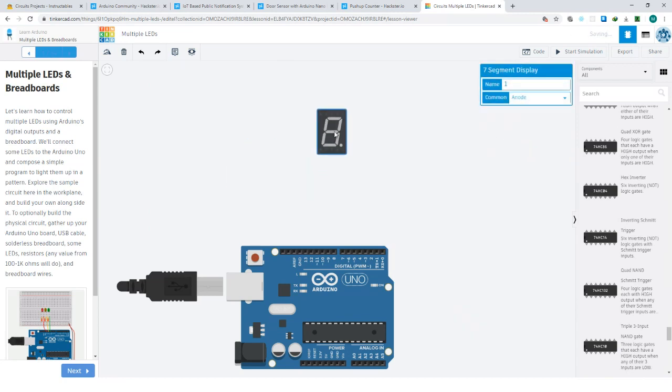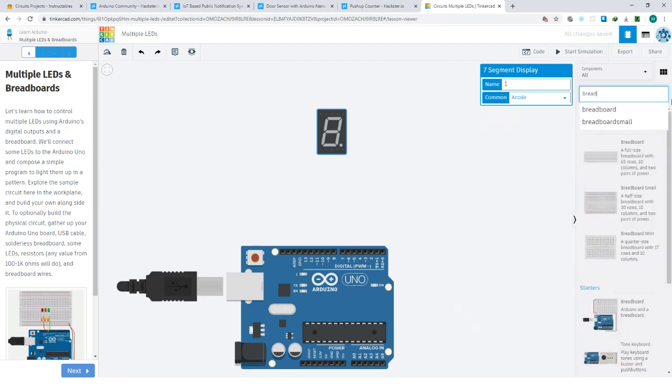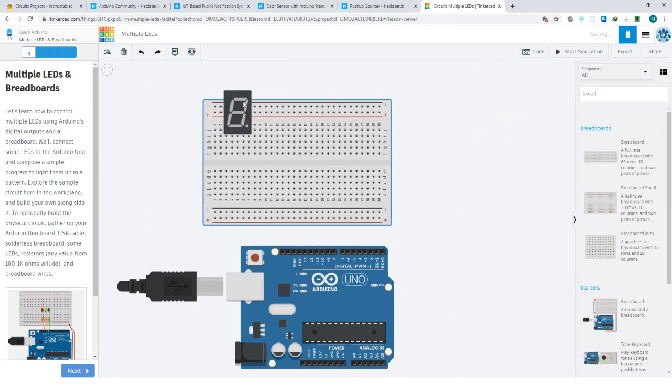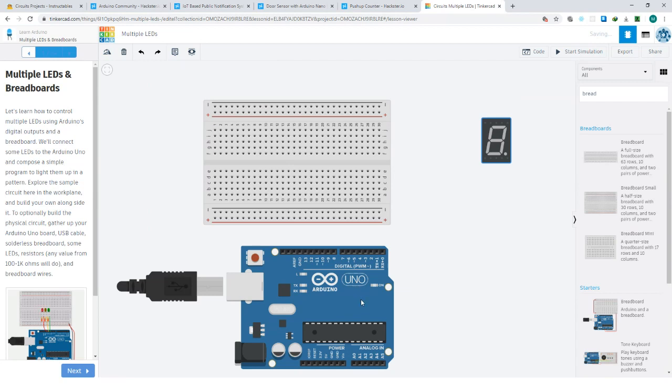So what we have is this, and then I think we also need a breadboard. We need a breadboard here, and I'll pick the small size, half. Remember we say we have the mini board, the half board and the full board. That one is something we've talked about. So let me bring this one here. These are the things we'll be using for today.